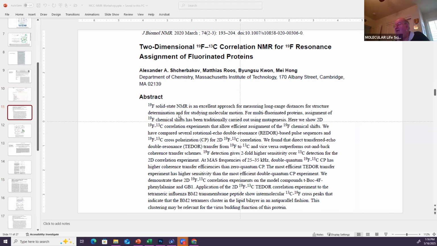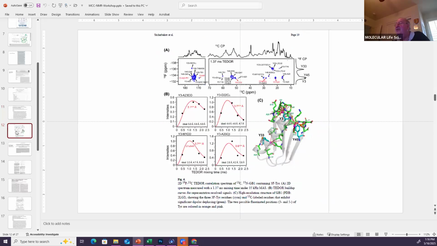Again, they talk about the different multi-nuclear type experiments. And they show some really nice data where they've looked at various things using this so-called correlation spectra, where they use the fluorine.